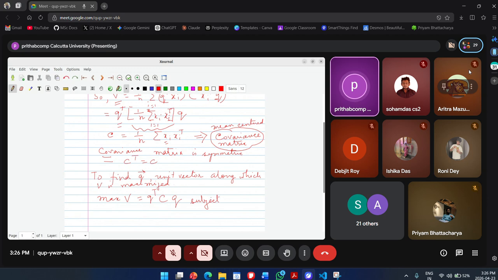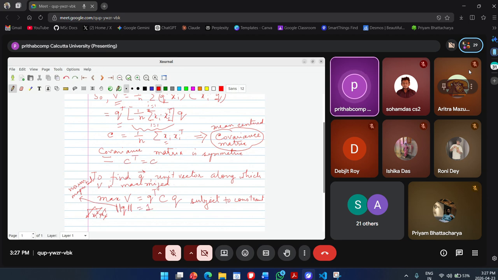Subject to the constraint that the norm, this norm means the square root of its components, X1 square, X2 square and so on. So this norm means the Euclidean norm, the magnitude.